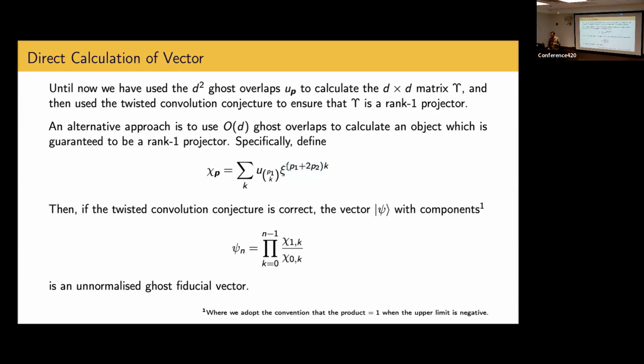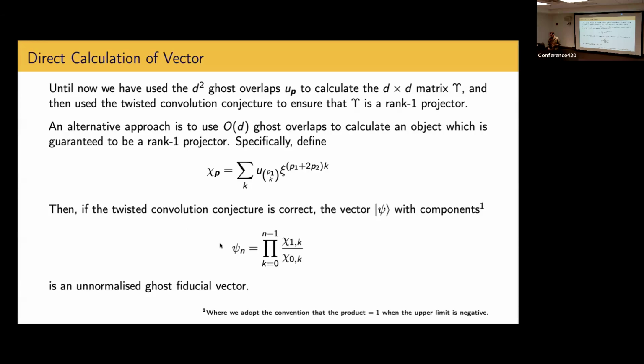I'm summing over K. This is a root of unity. This 2 part is a dth root of unity now. So it's like K times P2. So this is a discrete Fourier transform with some aliasing. If I look at these transformed variables on these Stark units, then I can actually get something which is manifestly a rank 1 object.